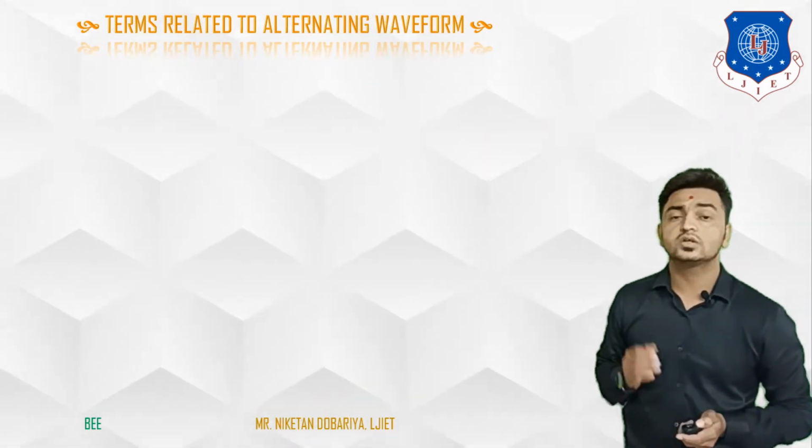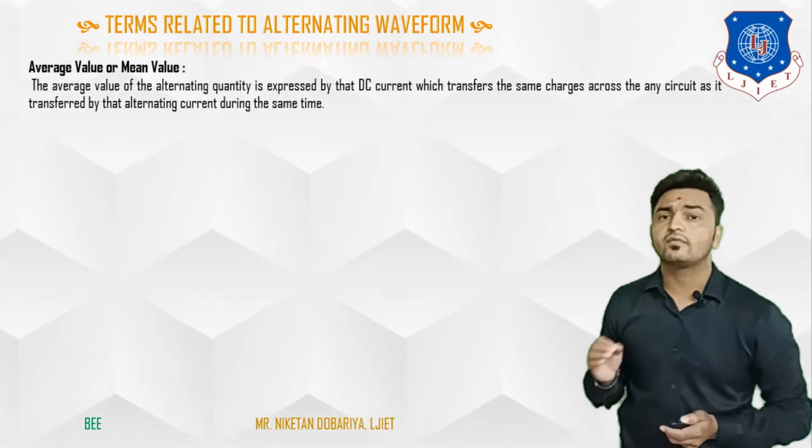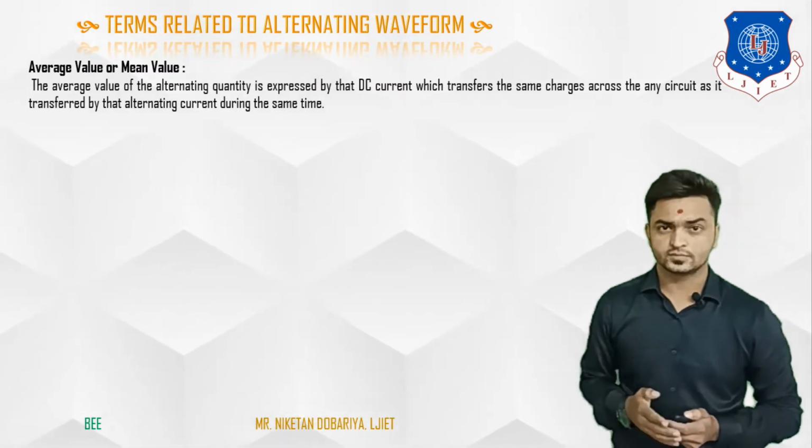So let's start with the first term related to alternating quantity, and that is average value. So first of all, what is average value?